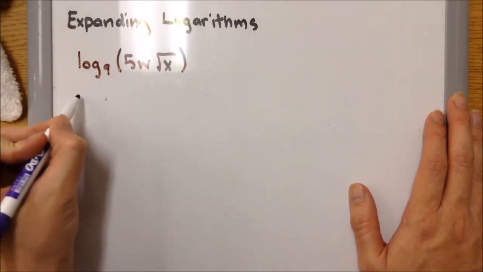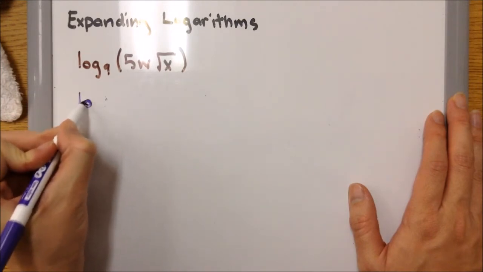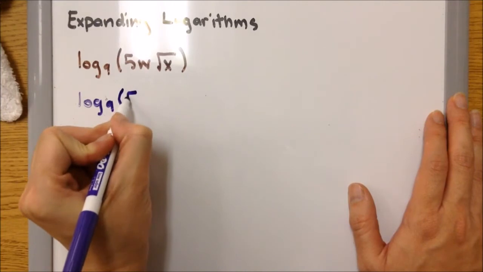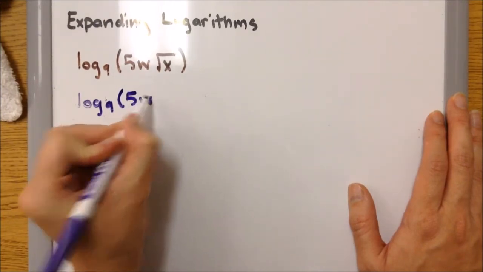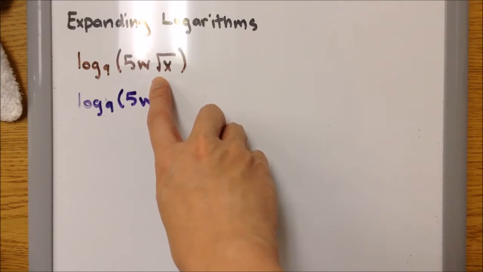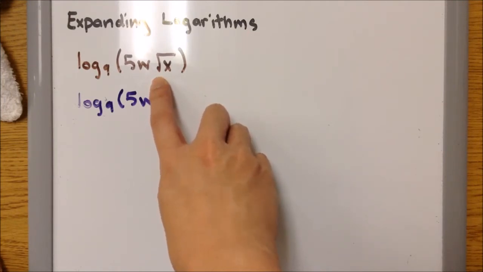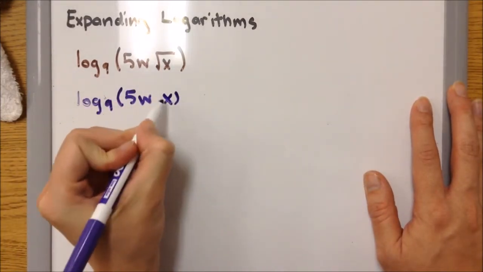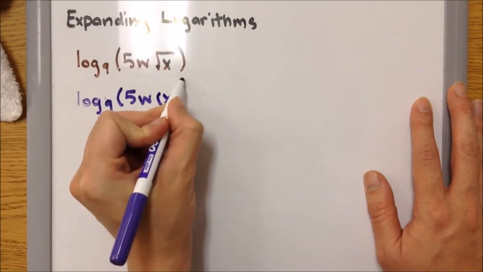So I'm going to write out the log: log base 9 of 5w. Now this is a square root. What's equivalent to a square root is the rational exponent 1/2. So I'm going to write x in parentheses to the power of 1/2.